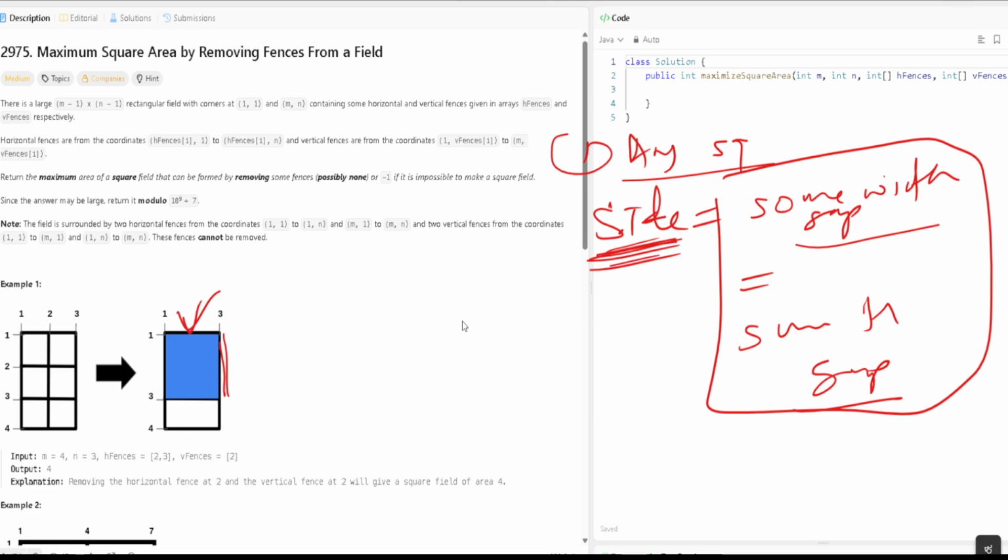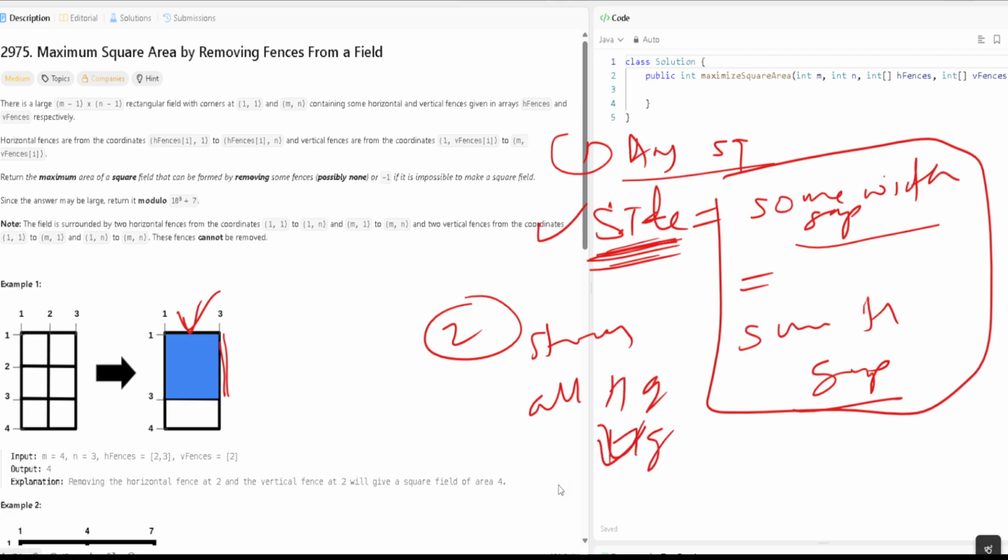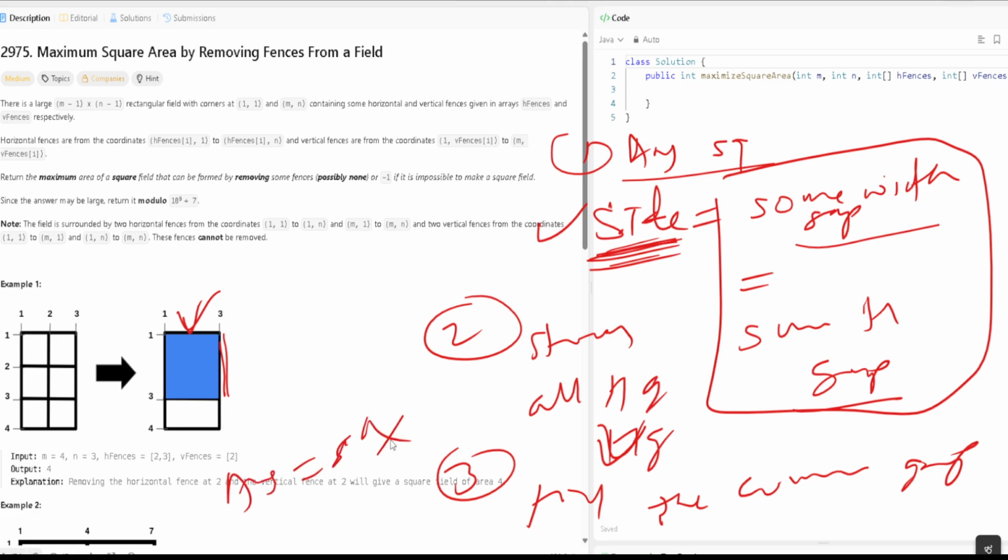So what you need to do, once you find the side, is store all the horizontal gaps and vertical gaps. Then we should find the common gap. If you find the common gap, your answer is ready: gap into gap.